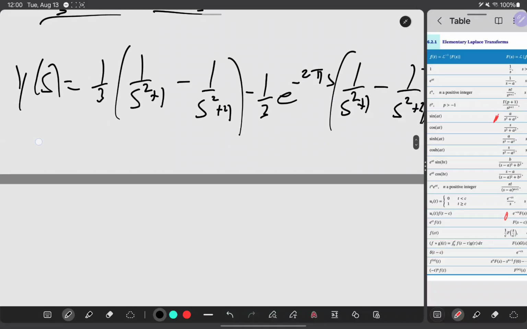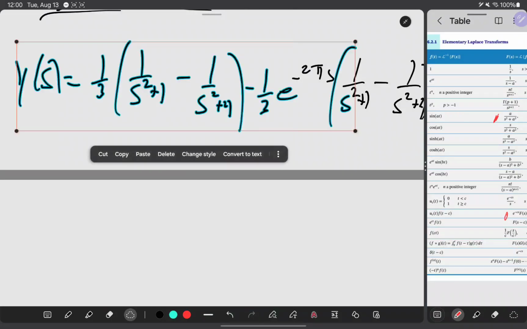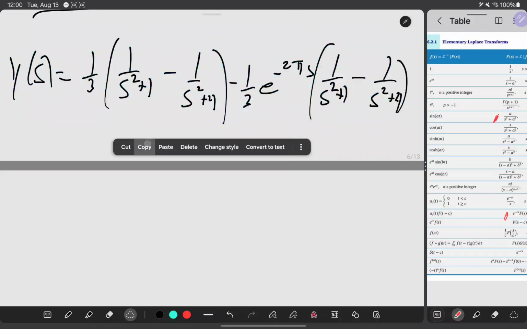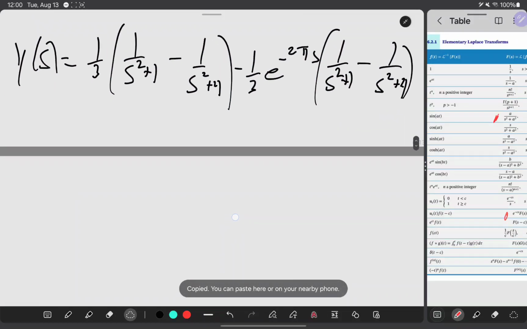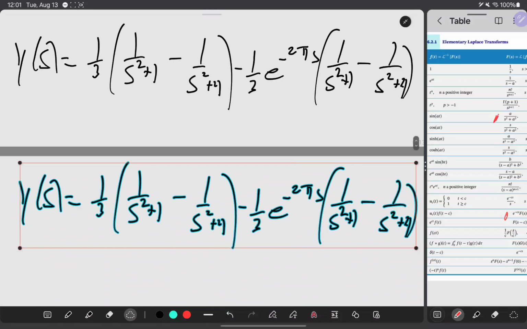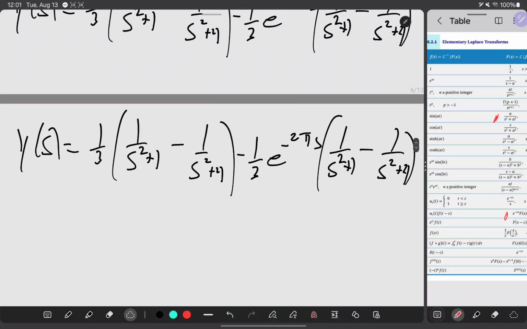So now I'm going to go ahead and copy this down. Oh, hold on. Copy that, paste. Where'd it go? Paste. I'm going to rewrite these two because, if you can see, we cannot use that 4 there.